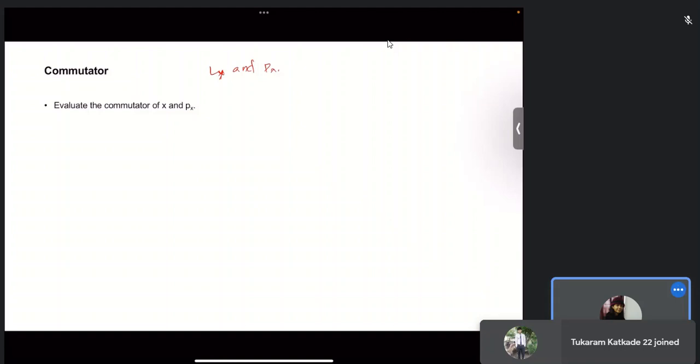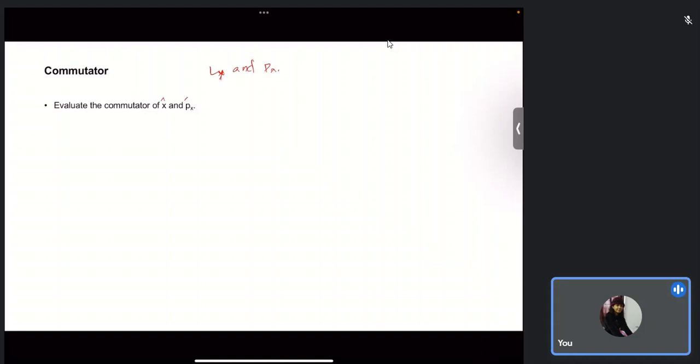So here we have been asked to find the commutator of x cap and px cap. X cap is the position operator and it is equal to x. Px cap is the momentum operator, which is minus i h cut del by del x.